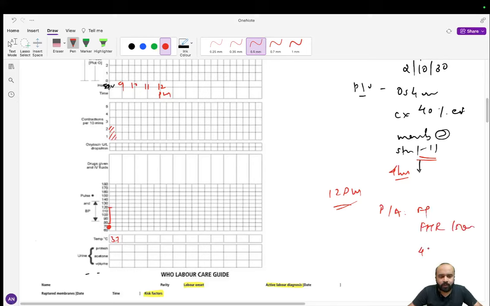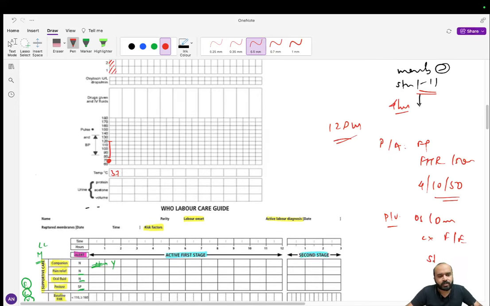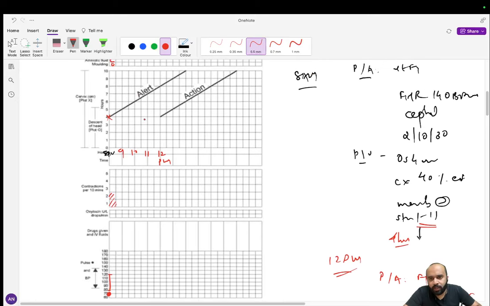The uterine activity was 4 by 10 by 50 at this point, and her per vaginal examination showed the os was 10 centimeters dilated, the cervix was fully effaced, the station was at +4, and finally the membranes were of course absent, pelvis was adequate. So in this scenario, she has reached full dilatation.